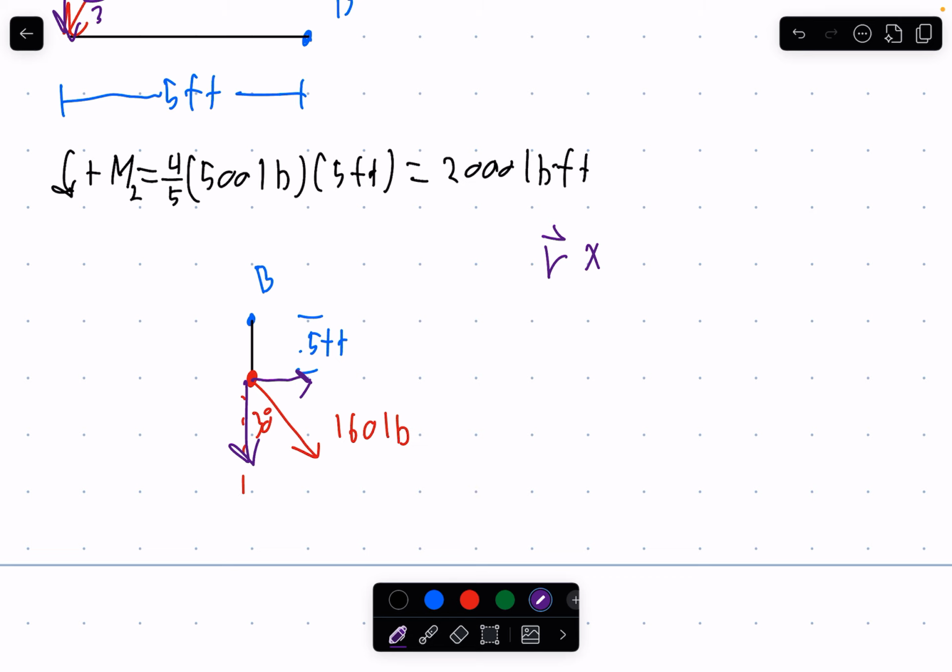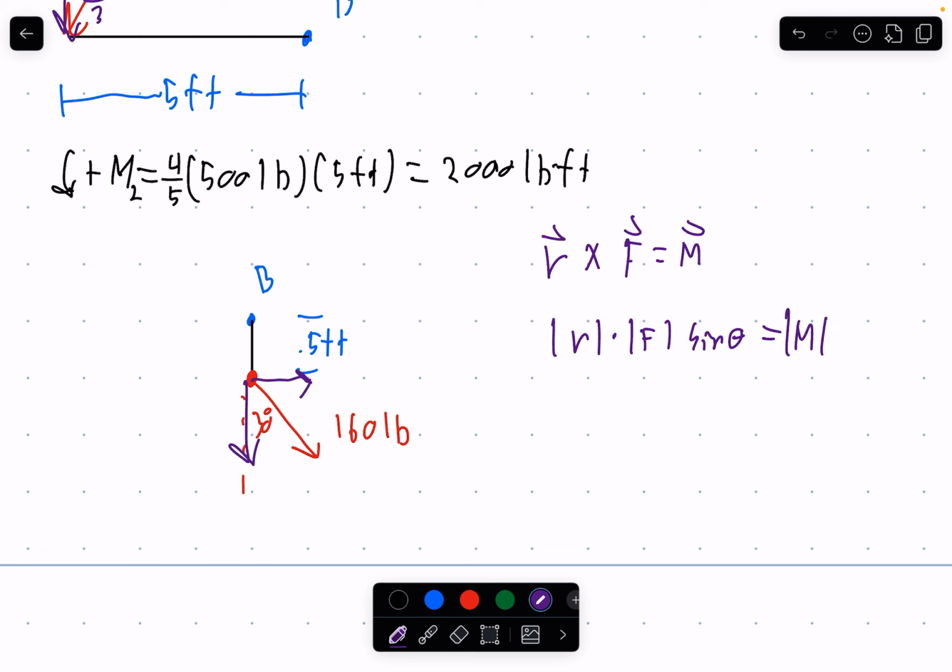So we know the definition of cross product is r cross F equal to a moment. We also know that the magnitude of r multiplied by the magnitude of F sine theta is going to equal the moment as well.